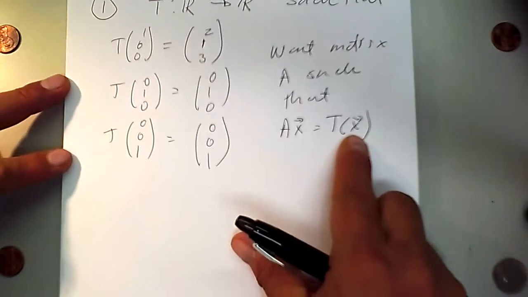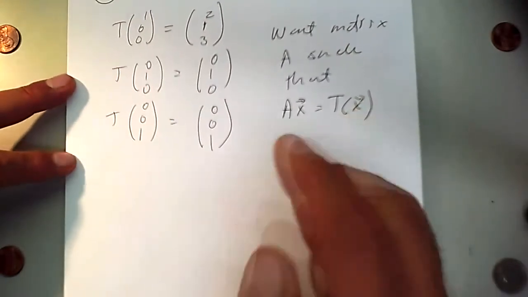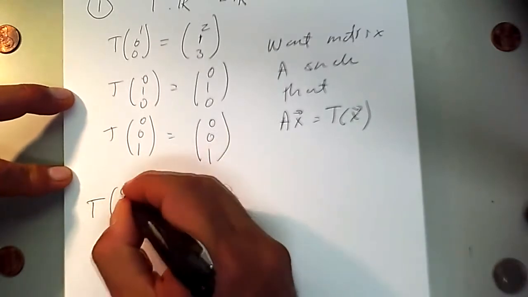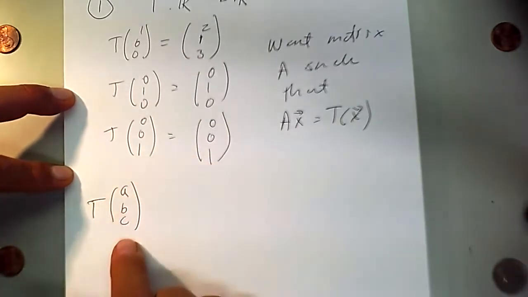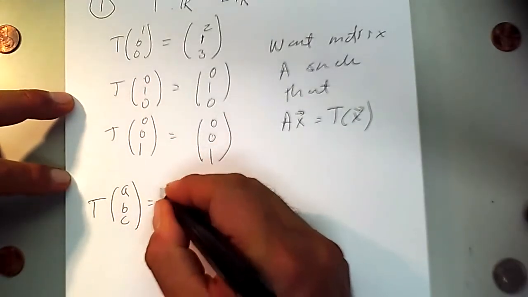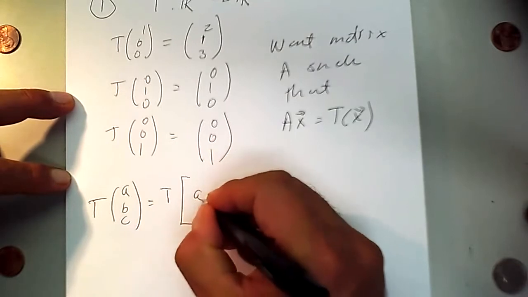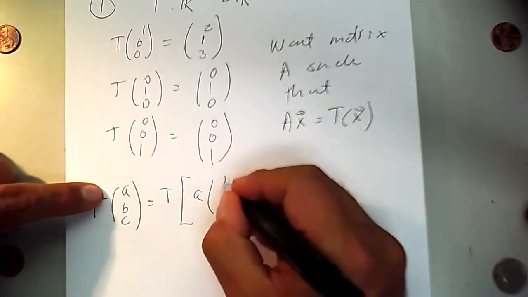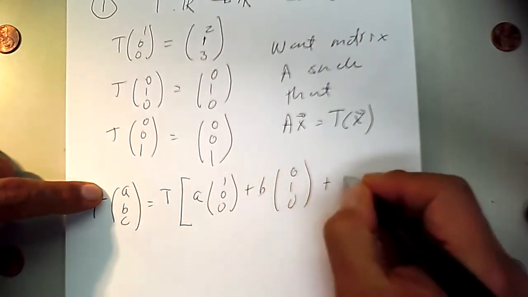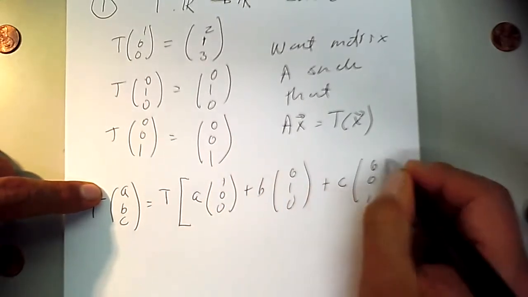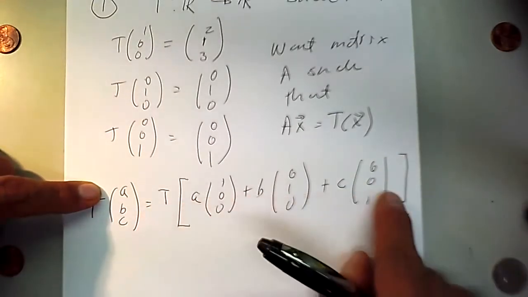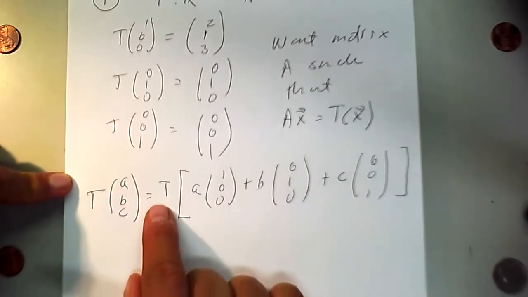Let's start with a generic X. If you apply T to the column vector (A, B, C), that is the same thing as applying T to A times (1, 0, 0) plus B times (0, 1, 0) plus C times (0, 0, 1). But T is linear.